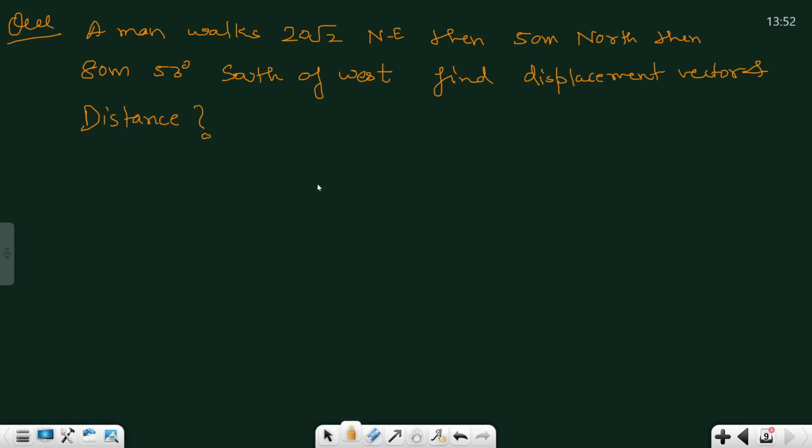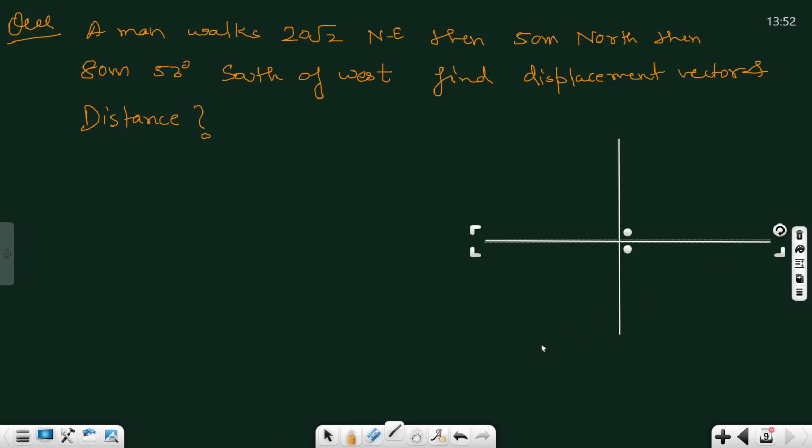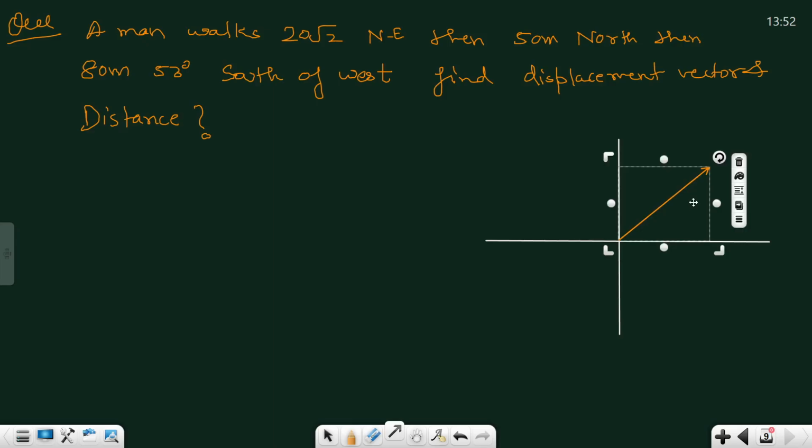A man walks 20 root 2 northeast. Okay, look here, just look at the vectors. 20 root 2 northeast, then it moves 50 meter north, then 80 meter, 53 degree east of south.